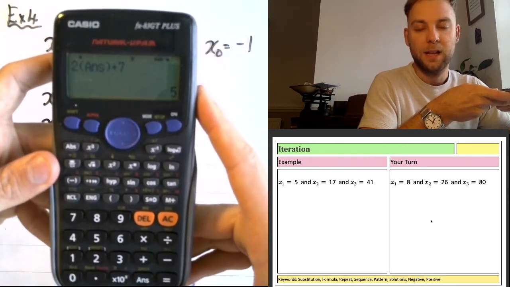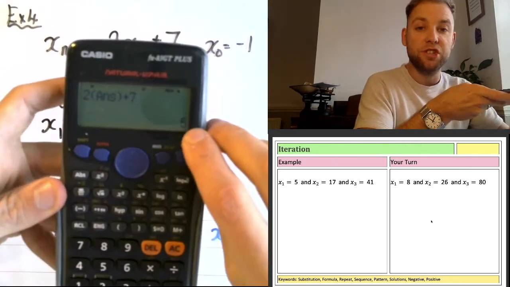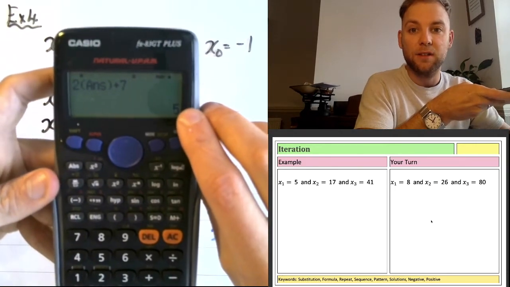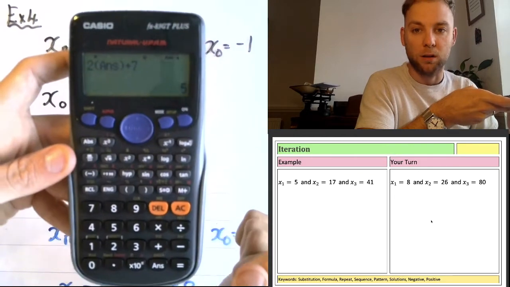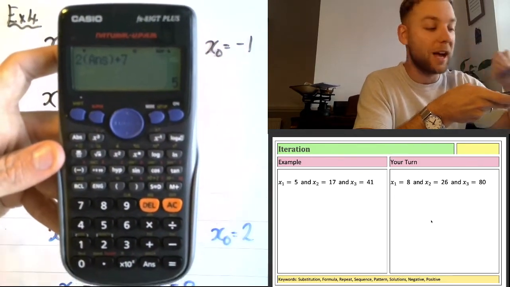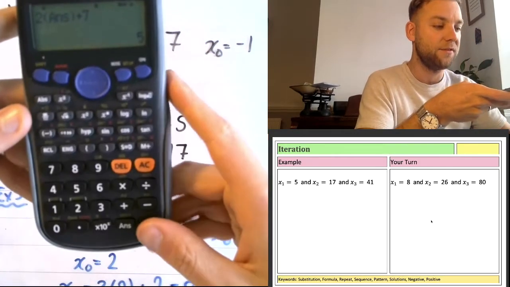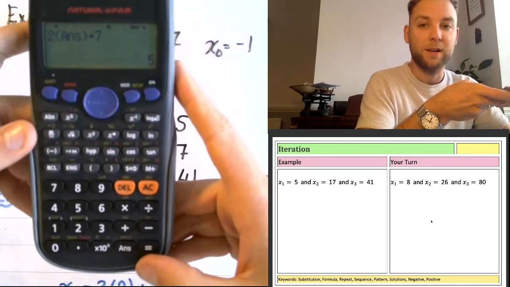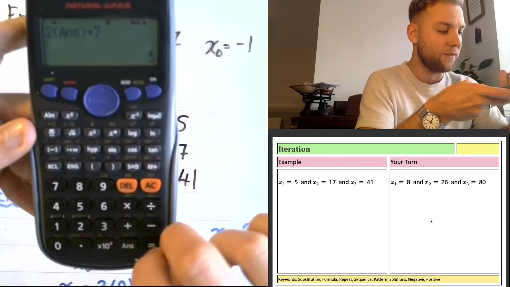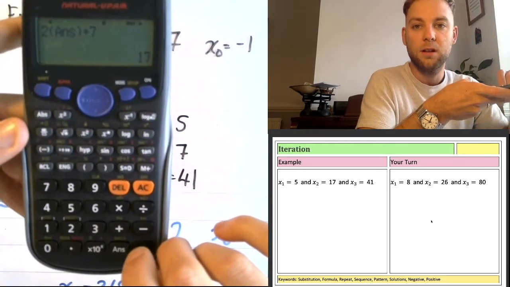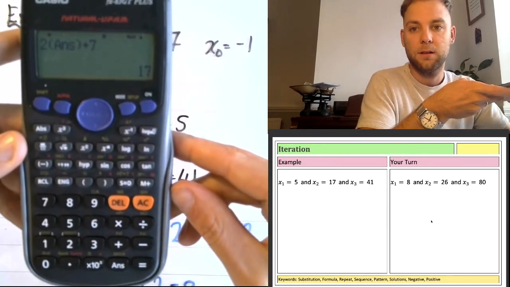Brilliant. The thing is now, my answer has changed. My answer is 5. So if I press equals again, instead of doing 2 times -1 plus 7, it's doing 2 times my new answer, which is 5, plus 7. So if I press equals again, we know it should be 2 times 5 now, plus 7, which is 17. So, bingo, 17. Brilliant.